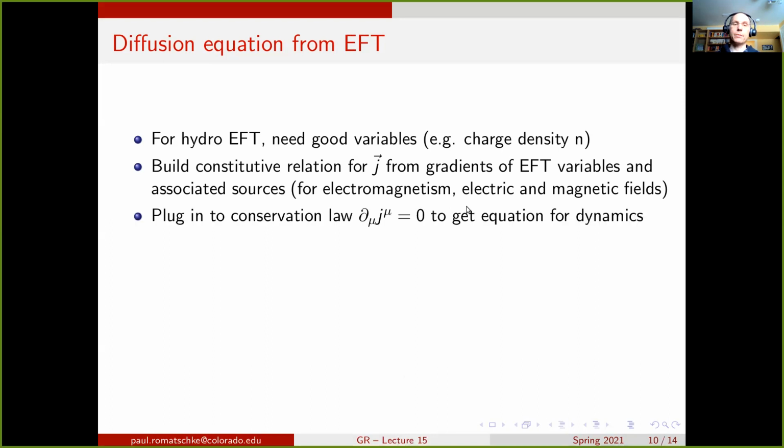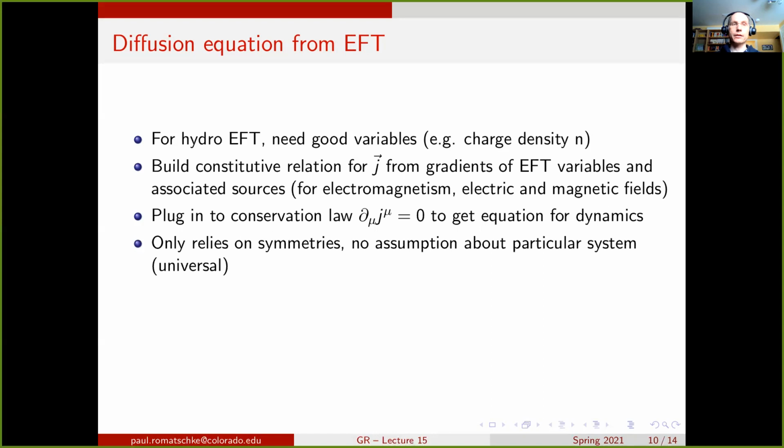Once one has this, plug in the results that you get from this EFT expansion into the conservation law, and out pops an equation for the dynamics that you can use to predict what, for instance, the charge density will evolve to as a function of time.